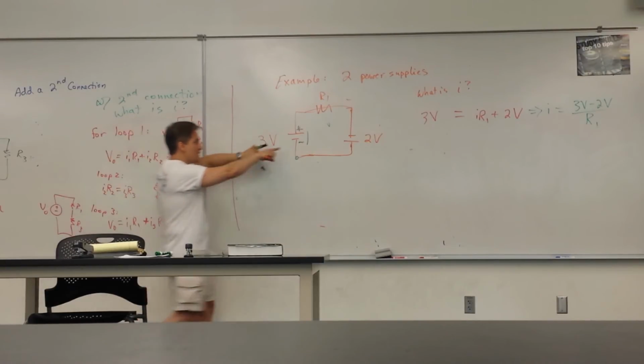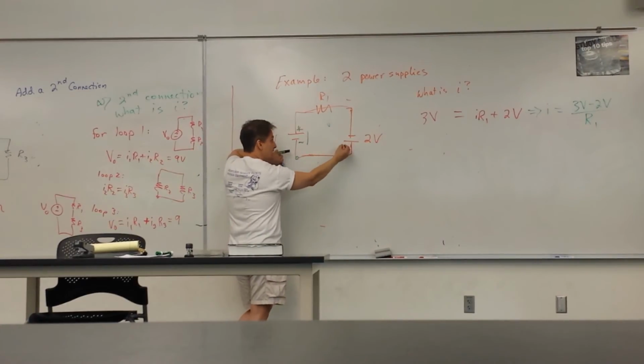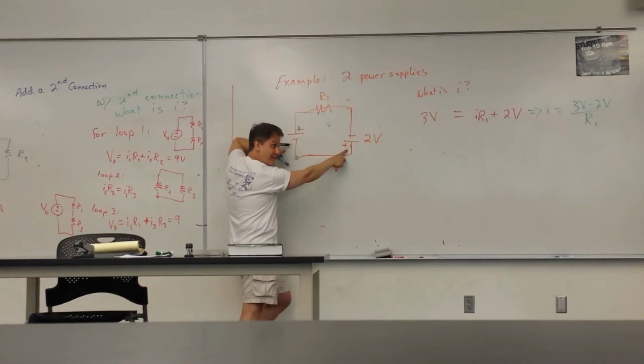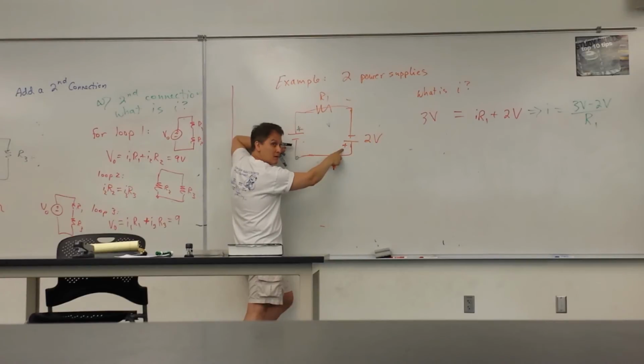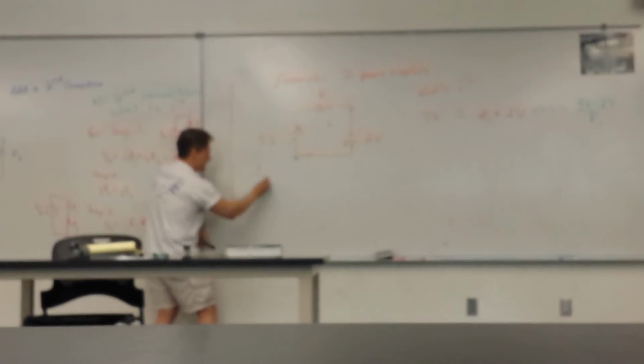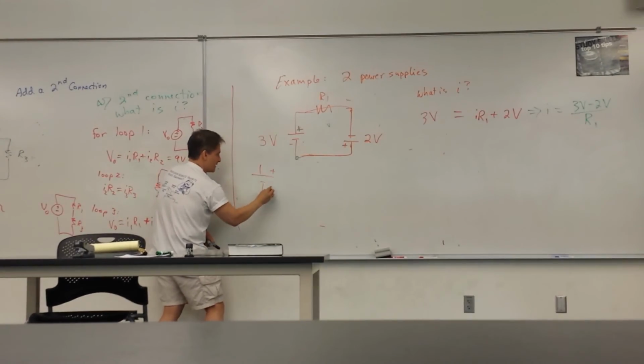Anytime you connect two batteries, even though this is a positive end and this is a negative end, anytime you connect two of anything in the same connection, it establishes the same electric potential between them. Normally we think about it this way, and this is just to give you a sense.